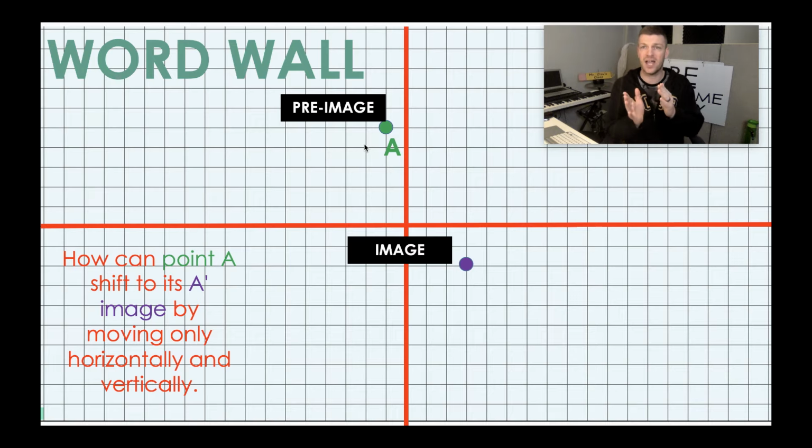If we had called it phone, phone prime, what do you think point A is going to be called after its transformation? The image, what do you think it's going to be labeled as? A prime.